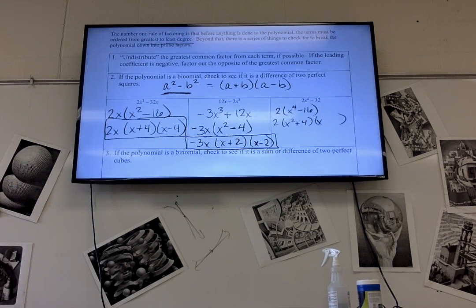Good. Now what, Cameron? Since the x squared minus 4 is a difference of squares, you can do 2 times x squared plus 4, and then x minus 2, x plus 2. Good.